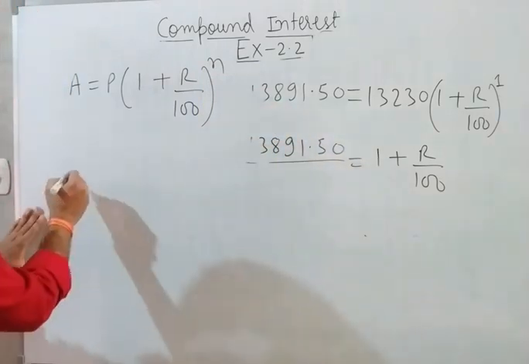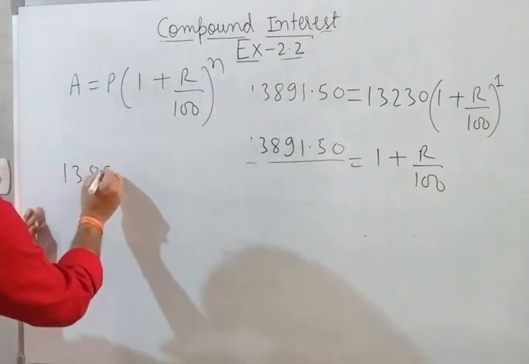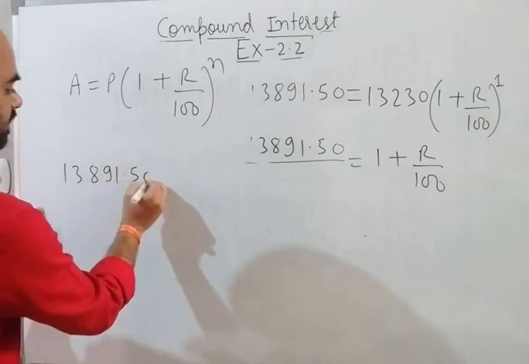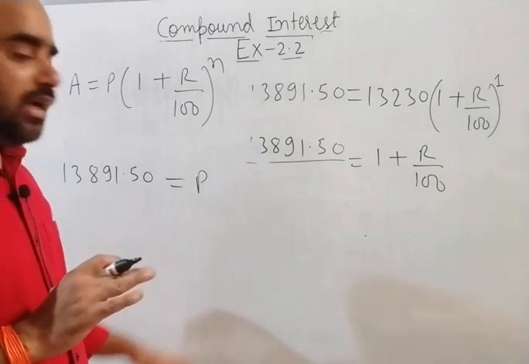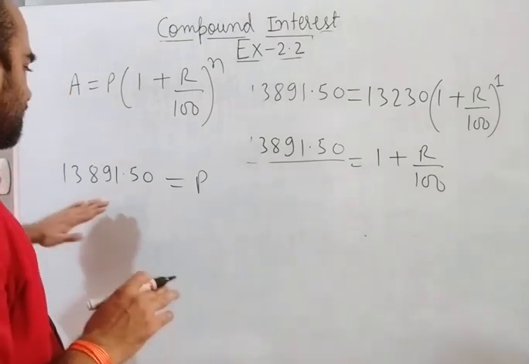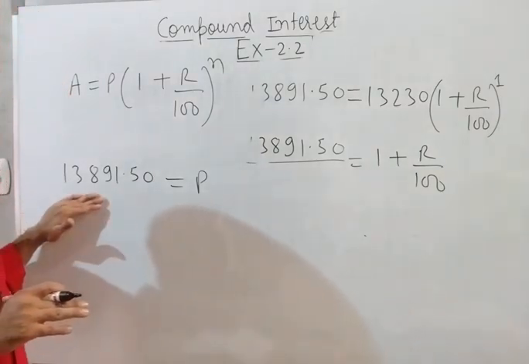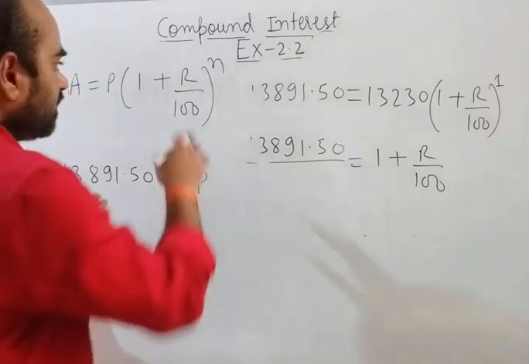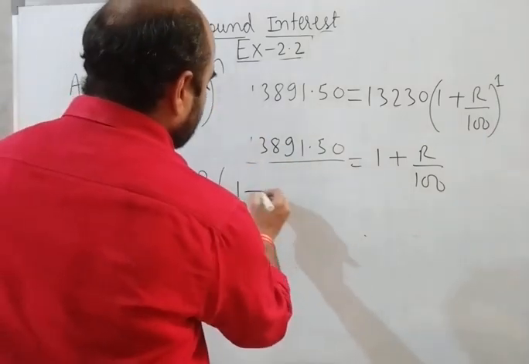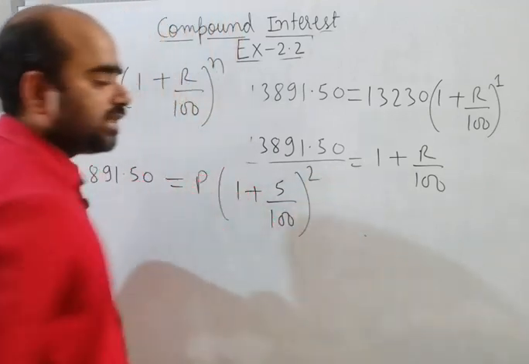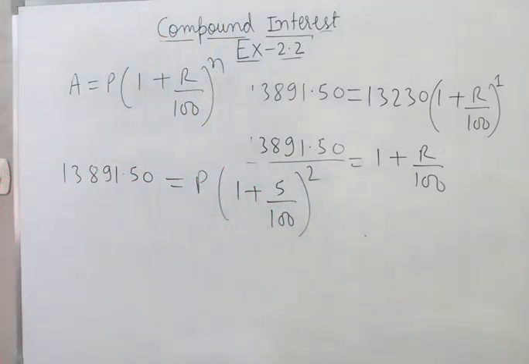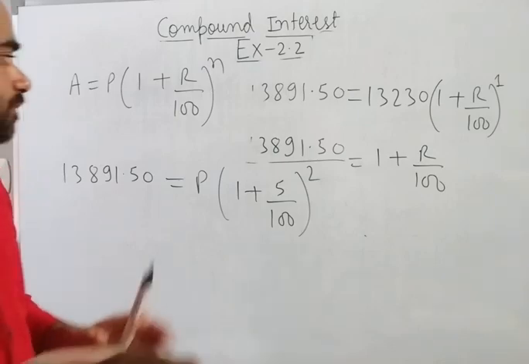Okay, so 13891.50. Now here we are taking the original principal. This is the original principal, this is the amount after 1 year, and interest is compounded half yearly. So this r for half year is 5, and time, number of conversion periods will be 2. This understood? Correct?